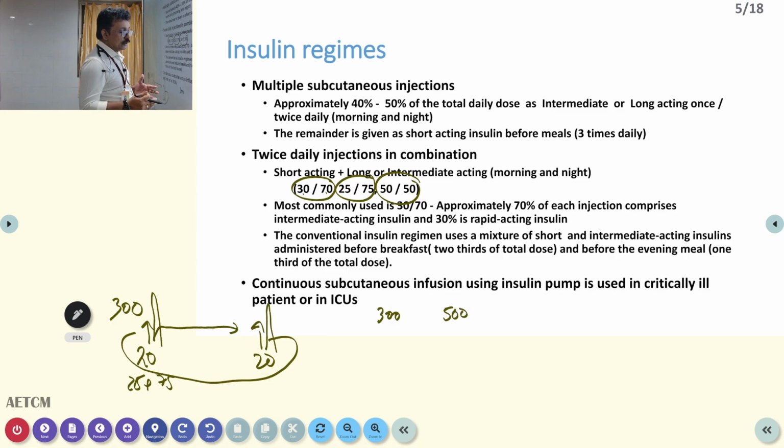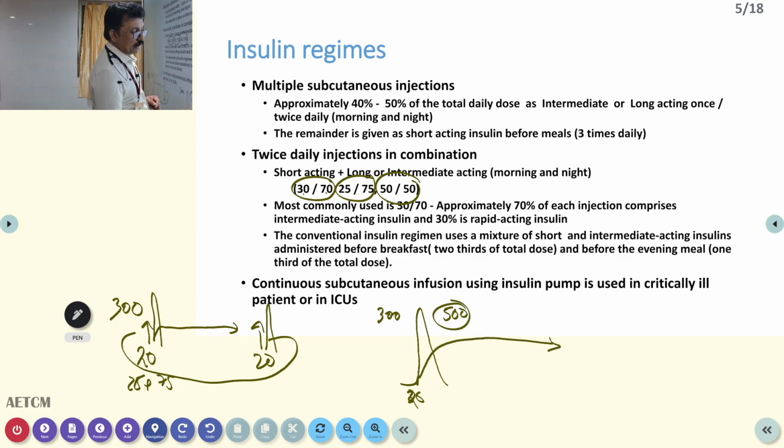He is taking a large quantity of food. So what I give is 50/50. In that 50/50, for example, I am giving 20 units. So 10 units act very fast, so that can control the postprandial blood sugar, and 10 units act for a long time, that is 12 hours.